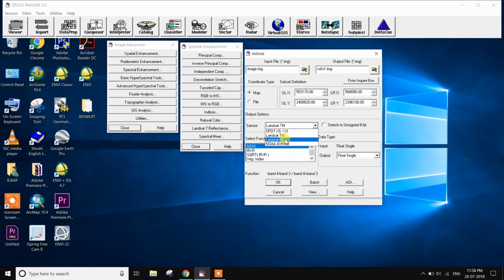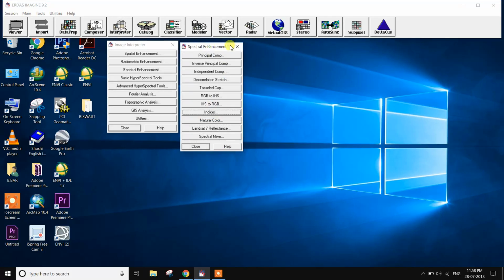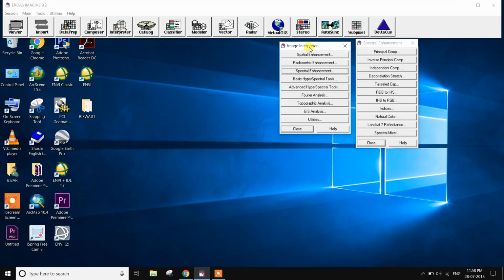The sensor is Landsat multispectral data and for NDVI use the selected function NDVI, and the function is the near infrared band minus red divided by near infrared plus red. Okay, the run is complete and we open the normalized difference vegetation index.